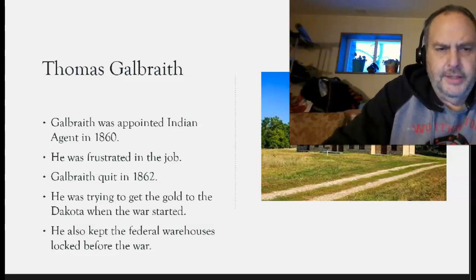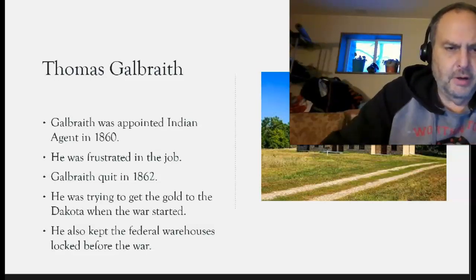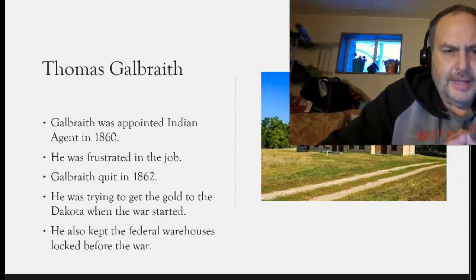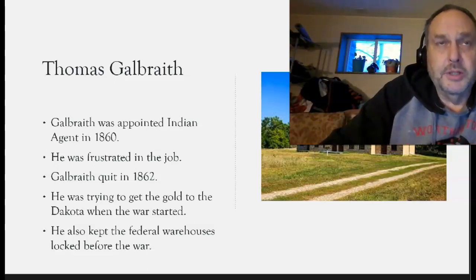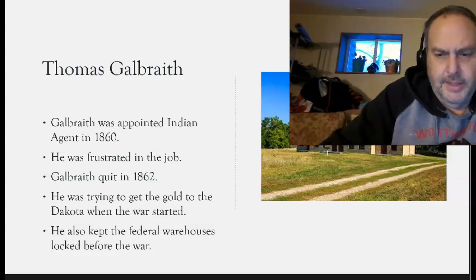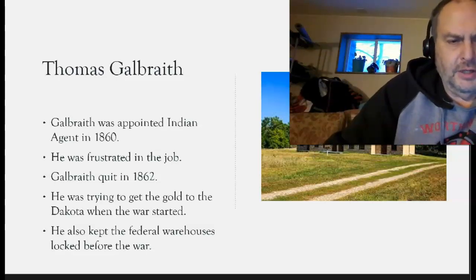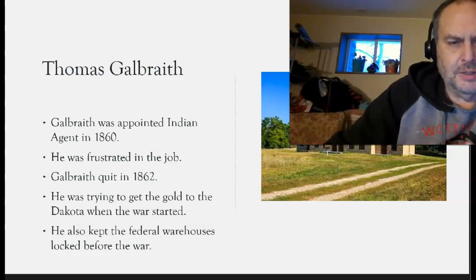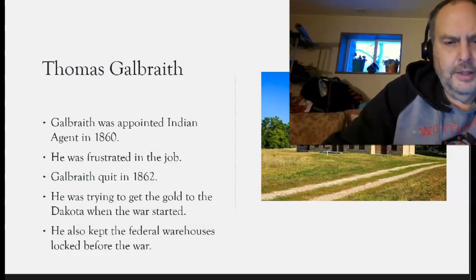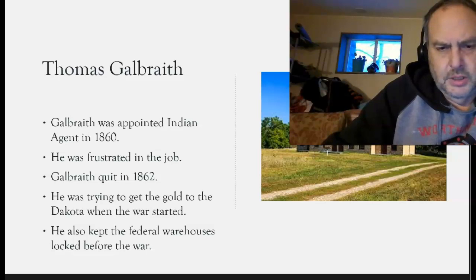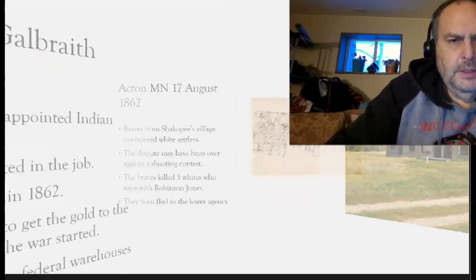The gold was late. He was going to get the gold and it didn't arrive on time. But that last bullet is what is really important. The mistake that he makes is he keeps those warehouses locked. And so the starving Dakota could have got food from him, from the federal government, but because those warehouses were kept locked, they voted to go to war.